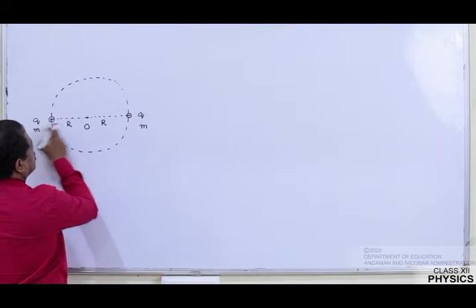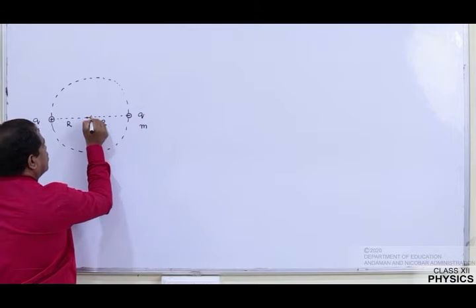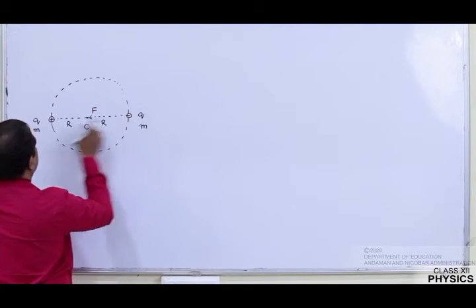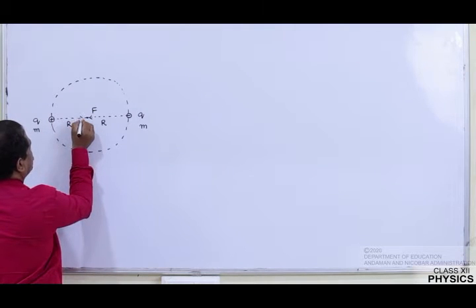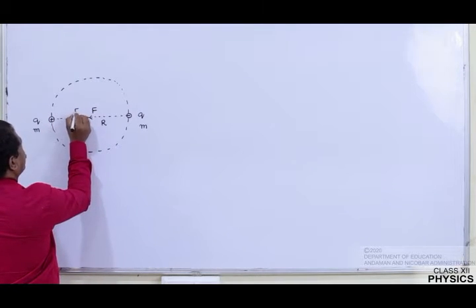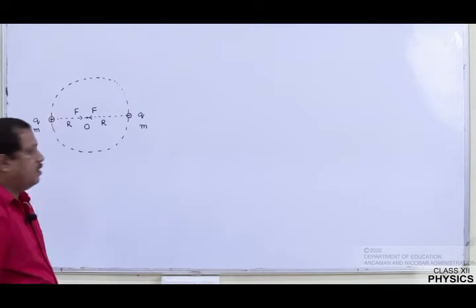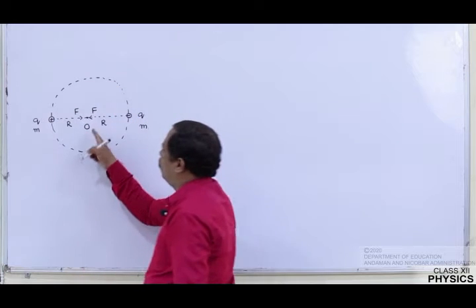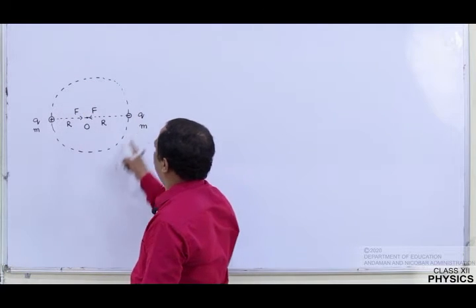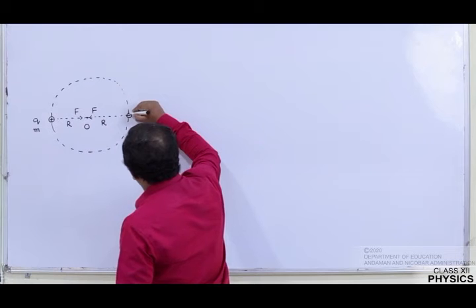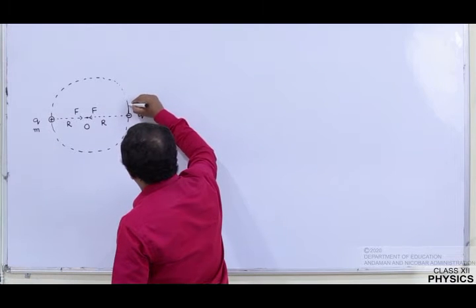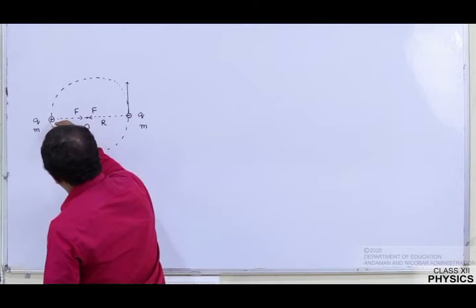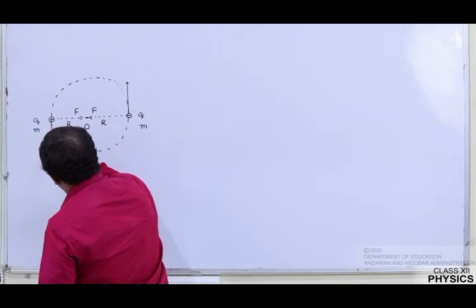This positive charge will attract this negative charge with a force of F, and this negative charge is going to attract this positive charge towards the center with a force of F. And I say the two charges are revolving about O along this circle. Let me say that this is the tangent, this is the direction of the tangent.